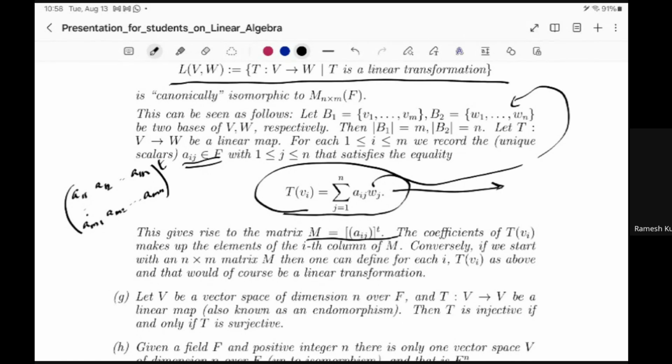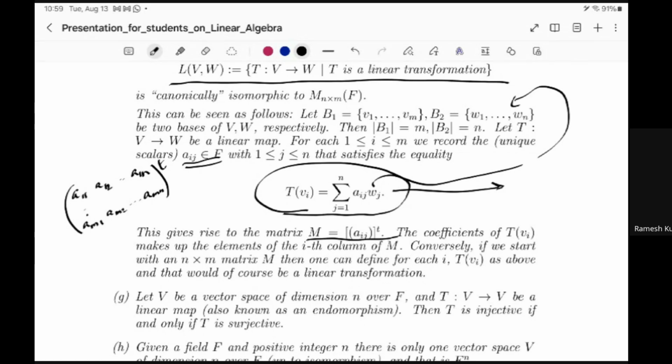And if this is a basis, you can get all the elements of the vector space V out of these guys. And this representation is going to be unique. So as long as you have ideas about where the basis has been taken, you will get a uniquely defined linear transformation. So the reverse direction also works exactly as we want it to.